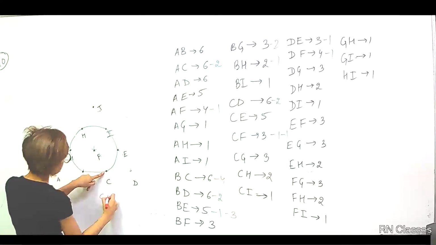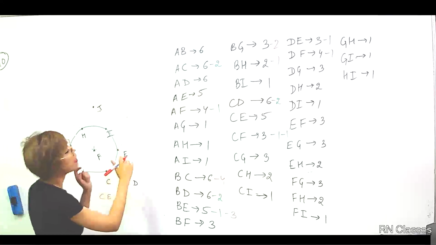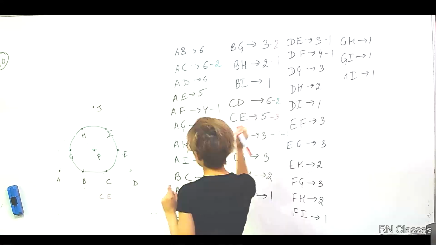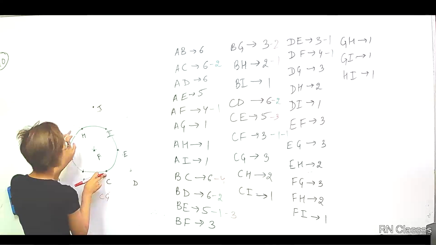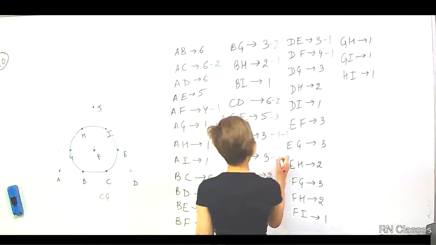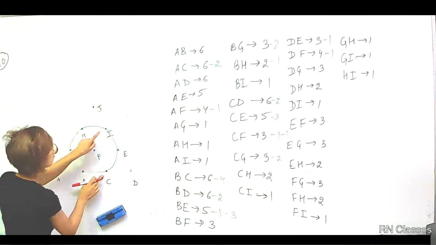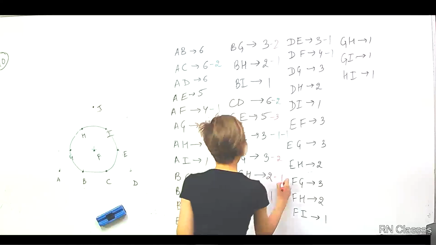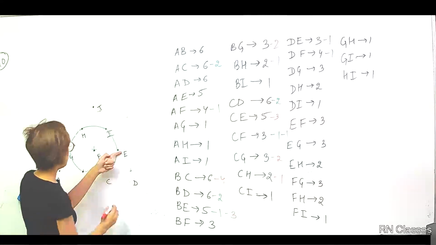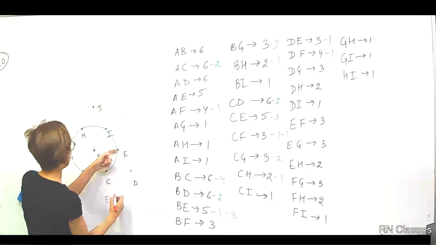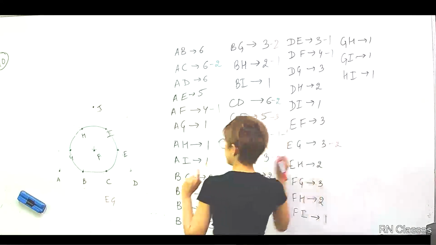So let's come to C. CE: 1, 2, 3. CE minus 3. Next is CG: 1, 2. CG minus 2. Then comes CH, just 1. CI nothing. So let's come to E now. EG is 2, minus 2.